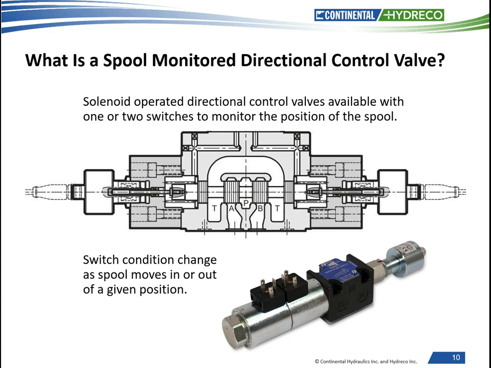If the spool is moved out of the neutral or safe position, the switch senses the movement, and it can also indicate into which direction it has moved. The corresponding signals from the switch outputs are used by the safety control system to validate or verify the request has taken place.